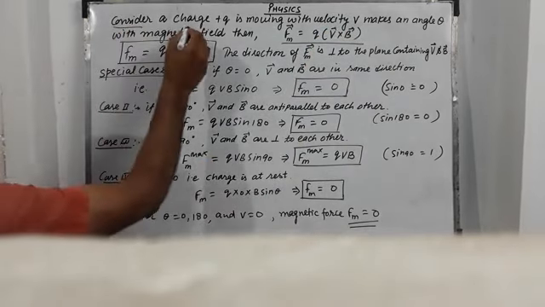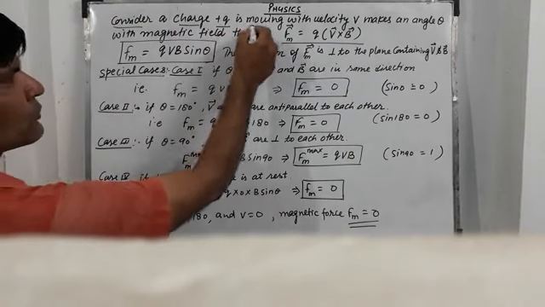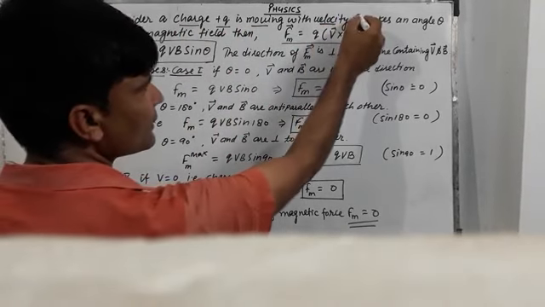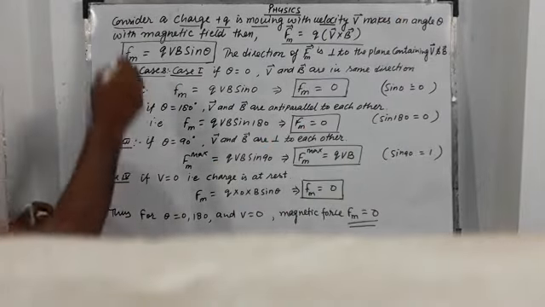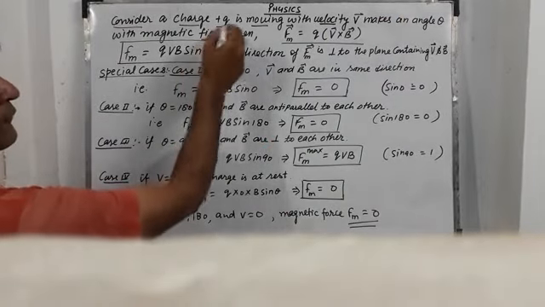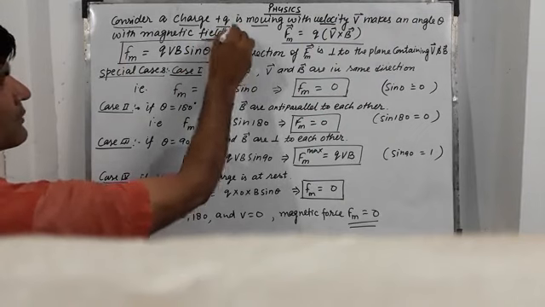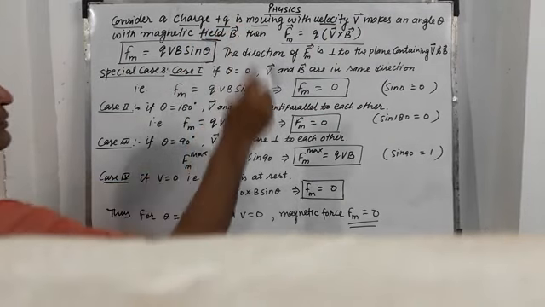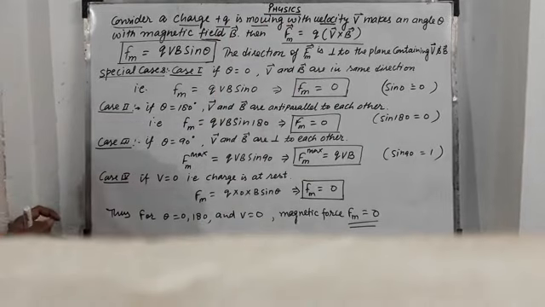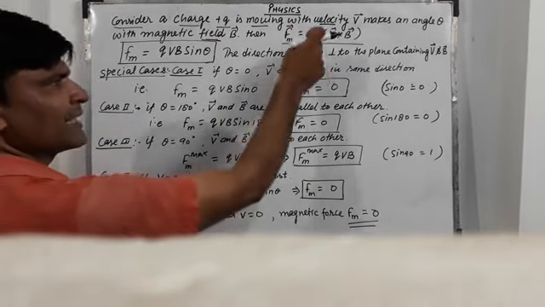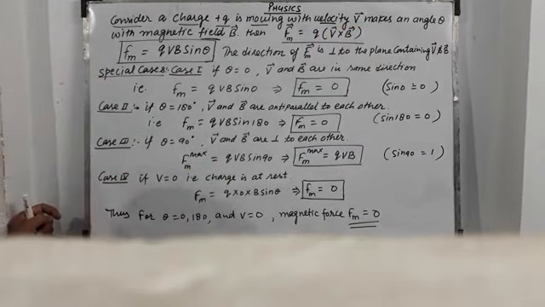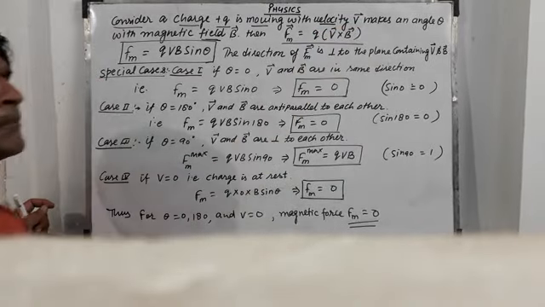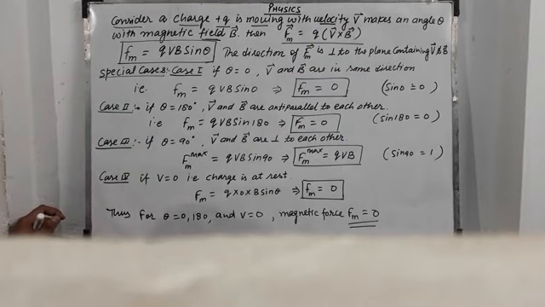So consider a charge +q moving with velocity v, making an angle theta with magnetic field B. Then Fm, the magnetic force, is equal to q v cross B. This cross is a cross product.